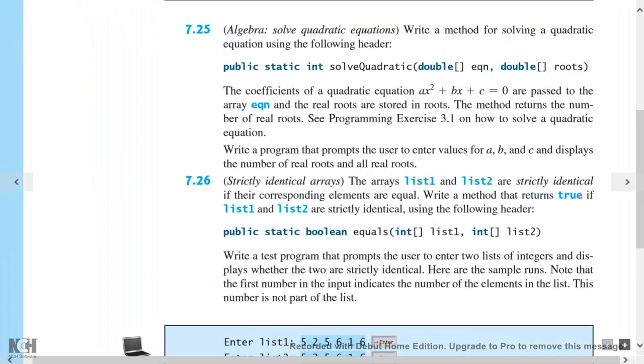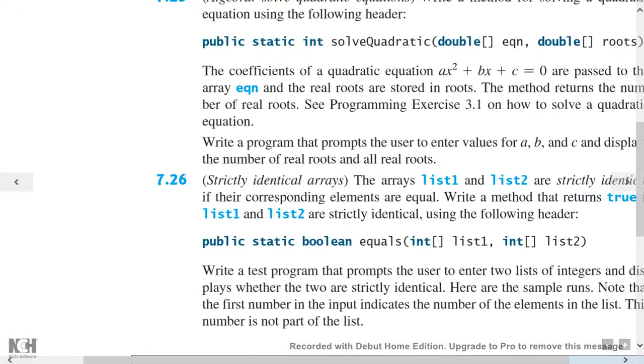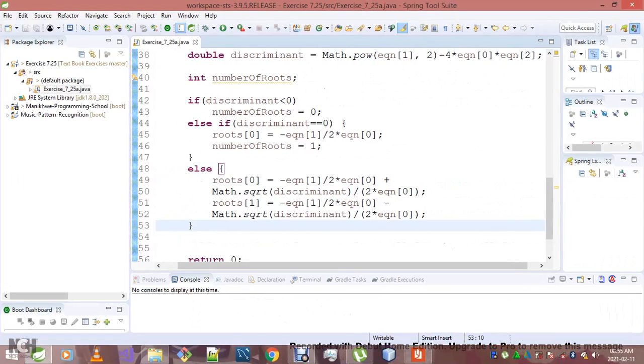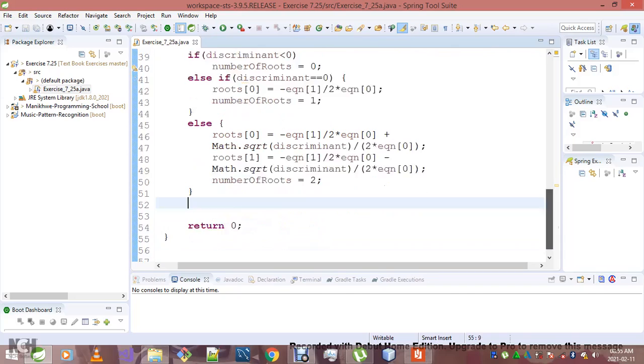Again, this is super simple, you guys. As you can see, it doesn't even have an asterisk, meaning it's a piece of cake. Number of roots is equals to 2, and then finally we return number of roots.